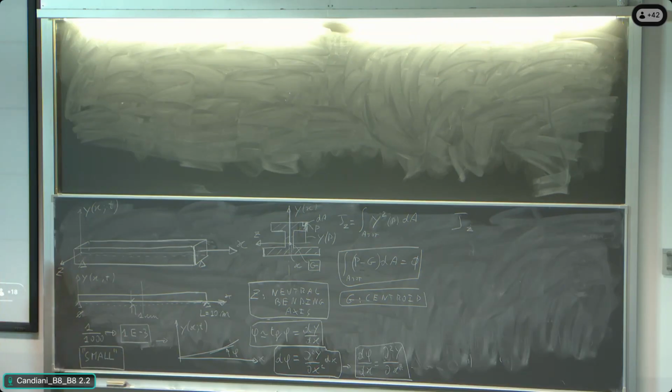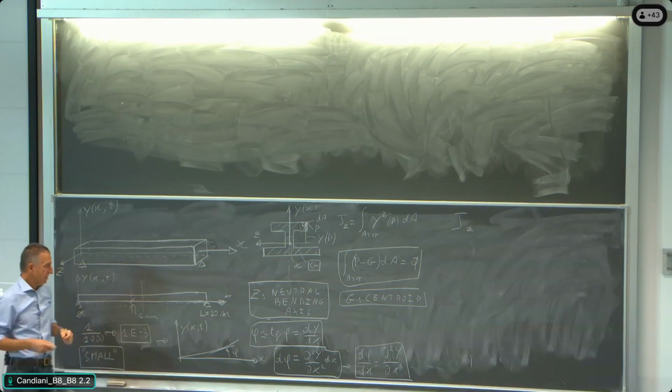We must have an idea of the meaning of this concept of small. If you have a beam undergoing 10 centimeters of displacement with 10 meters of length, this is just 1 over 100, and 1 over 100 starts being quite relevant in terms of amplitude.